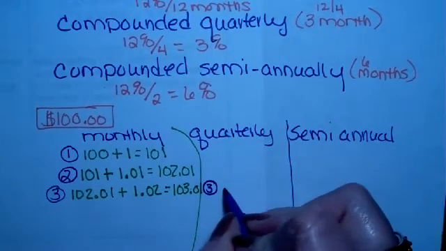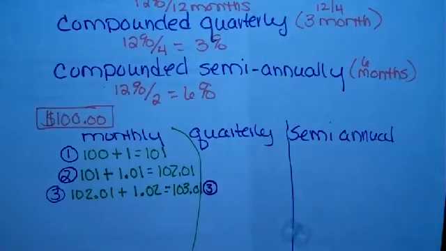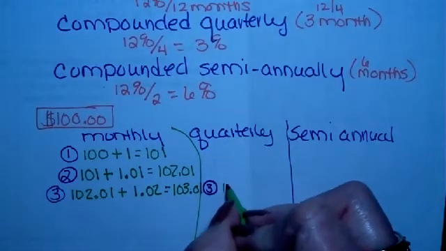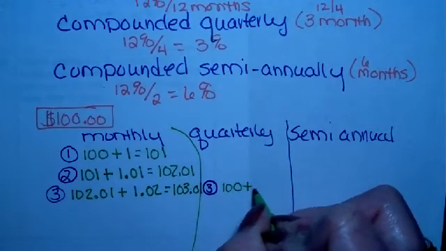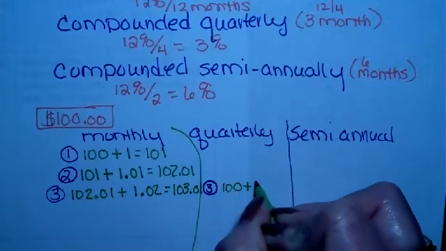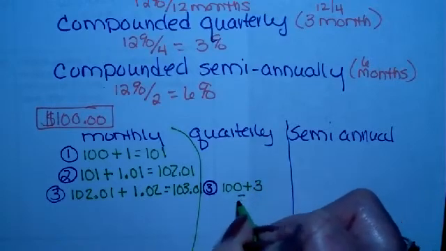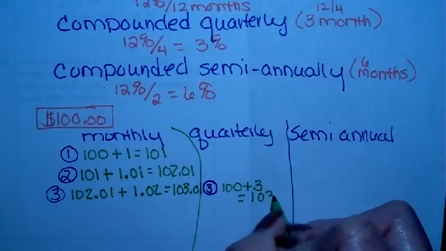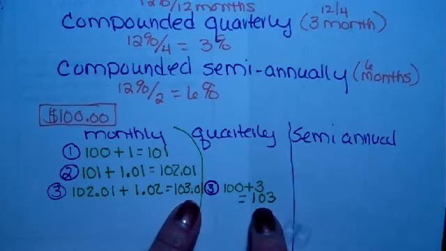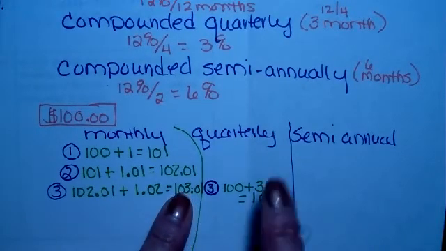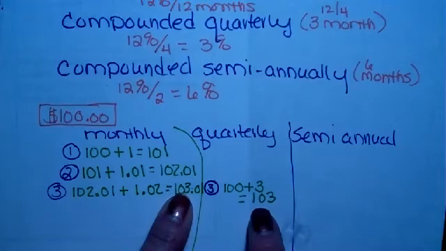Our original amount right here was $100 plus 3% of that, which is $3. So what I've got is $103. Now, look right there. Those totals are pretty close, but they're not exact. Compounded monthly over a time period is going to give you more money than compounded quarterly.